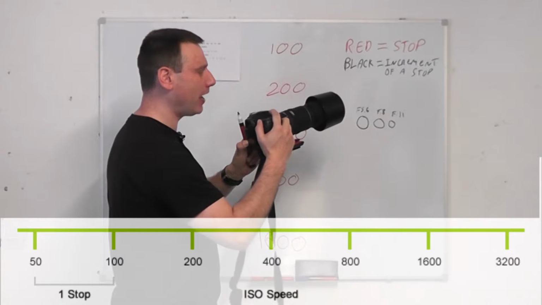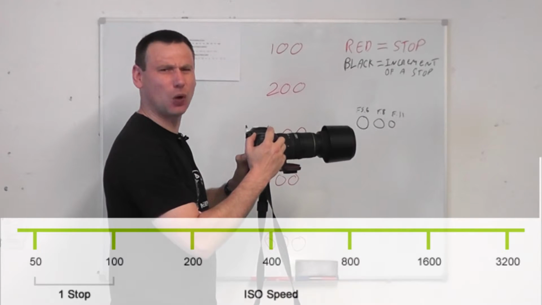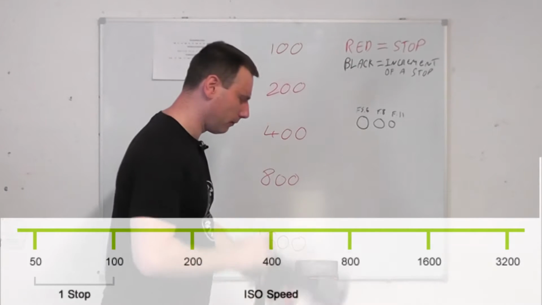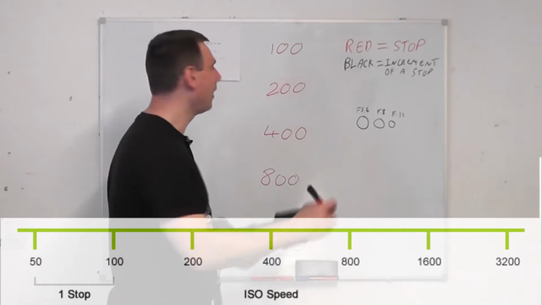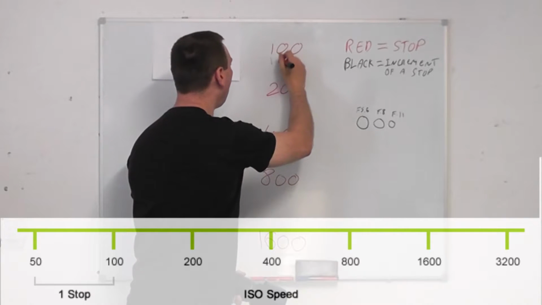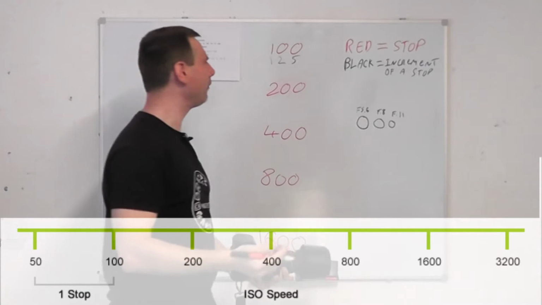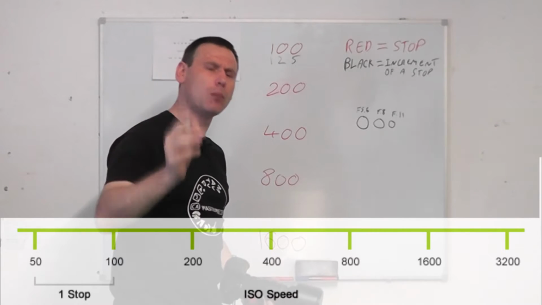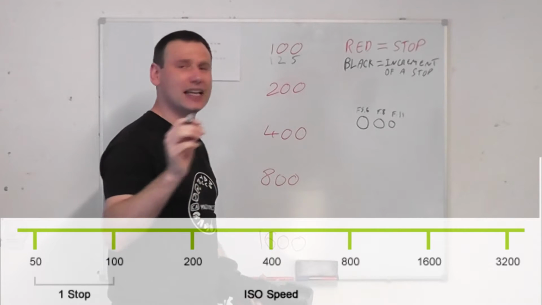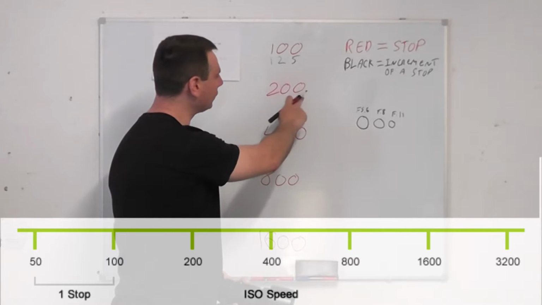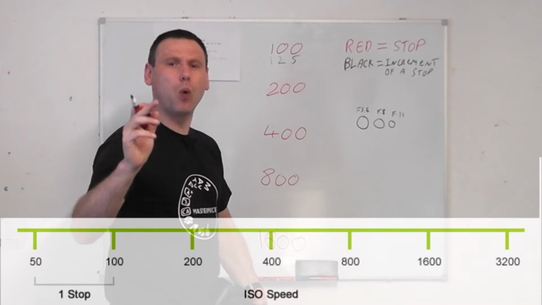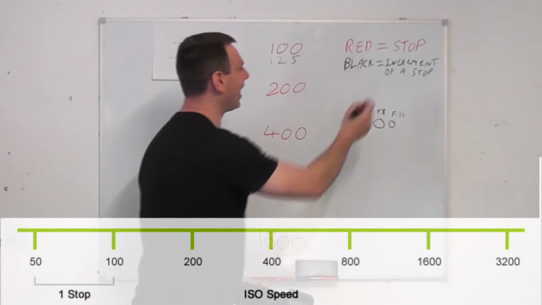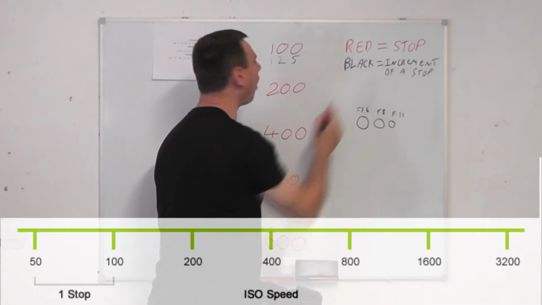If I turn my wheel dial, I will go to ISO 125. Now, if I go to ISO 125, then I'm not doubling the amount of light, because if I want to double the amount of light with ISO, then I need to go to ISO 200. So 125 is an increment of a stop.